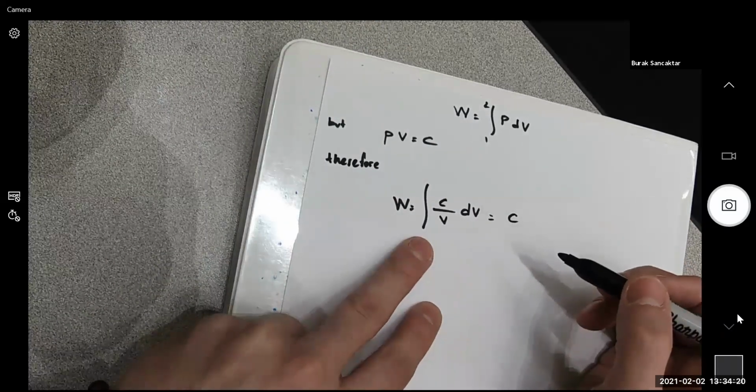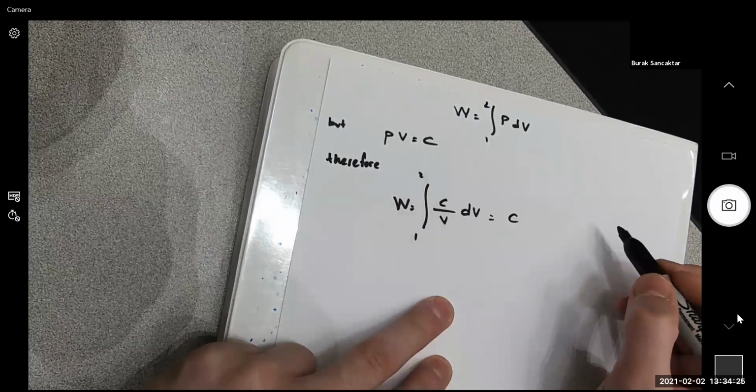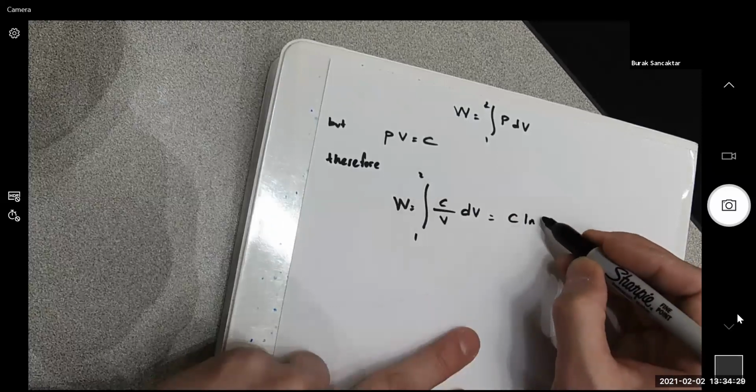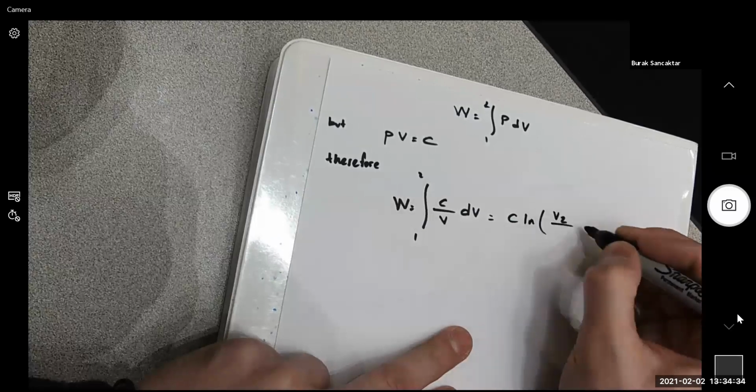What is the integration of C over V from state 1 to state 2? Natural log of V over C1.